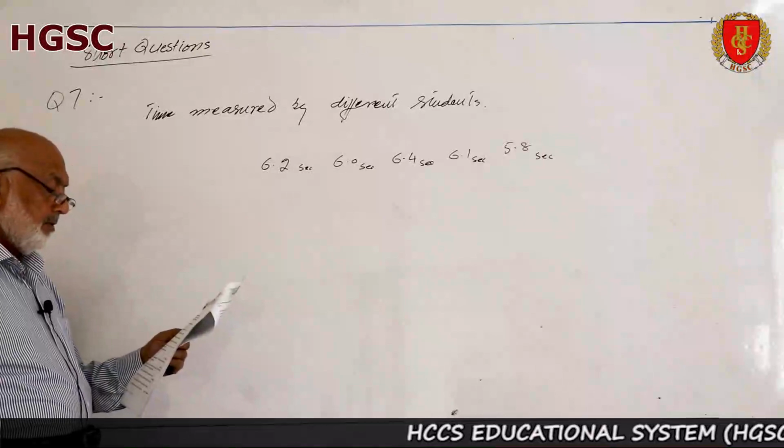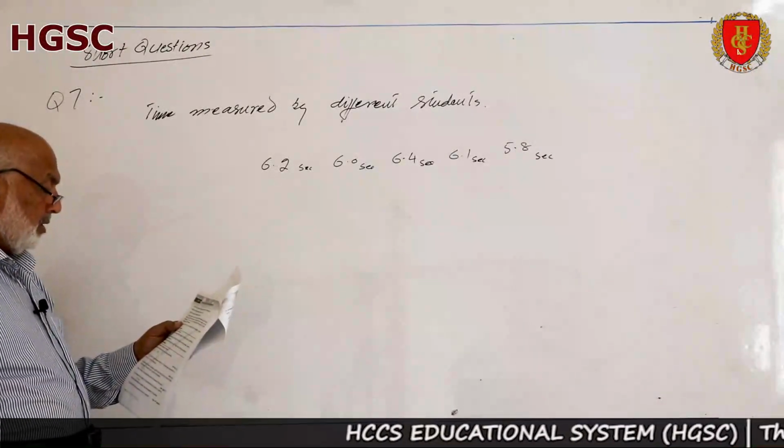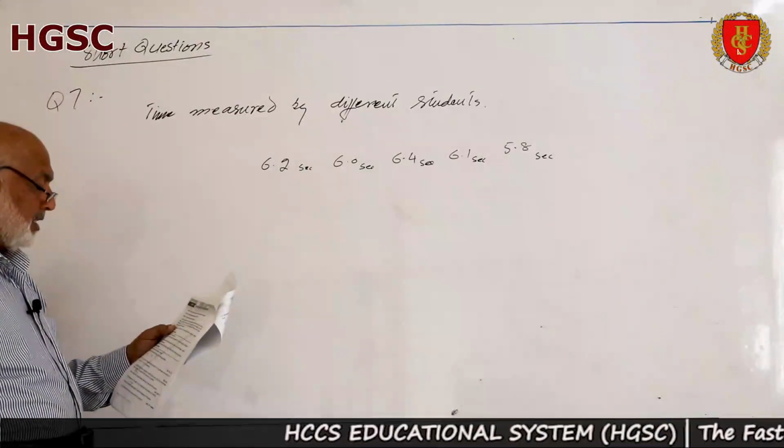What is the uncertainty of the result, and how should the resulting time be expressed?